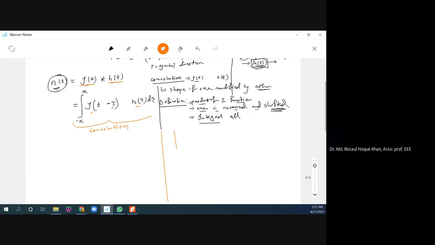So let's draw a triangle signal. In this axis, both are triangle signals.